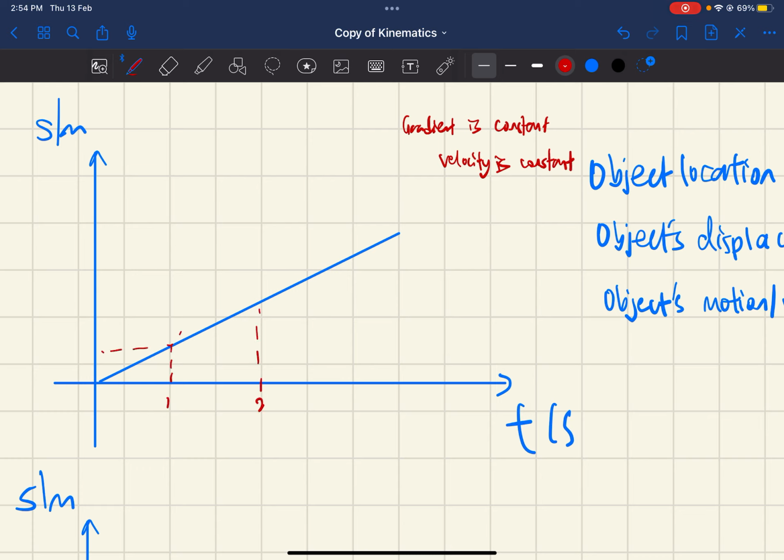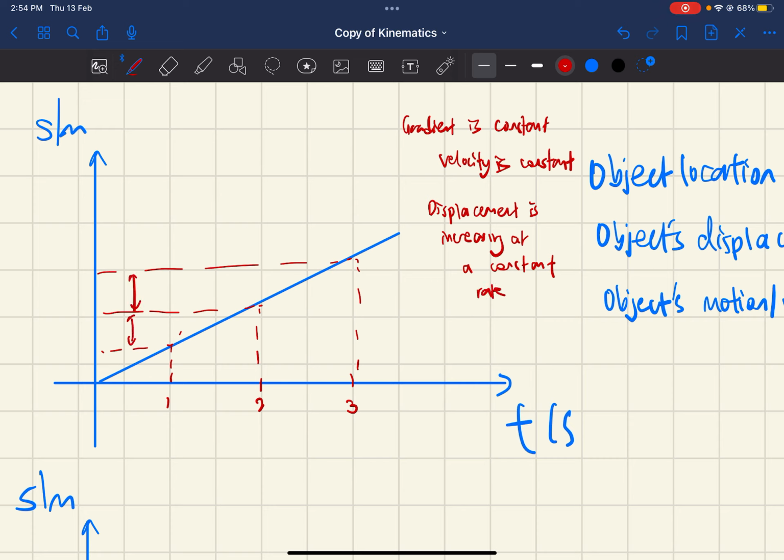So your displacement is increasing at a constant rate. Because after every second that has passed by, the gap between the dotted lines is the same. Or another way for you to think about it is by looking at the gradient. If your gradient is constant, that means that the word in front of the rate for your displacement will be the same. So it will be constant as well.